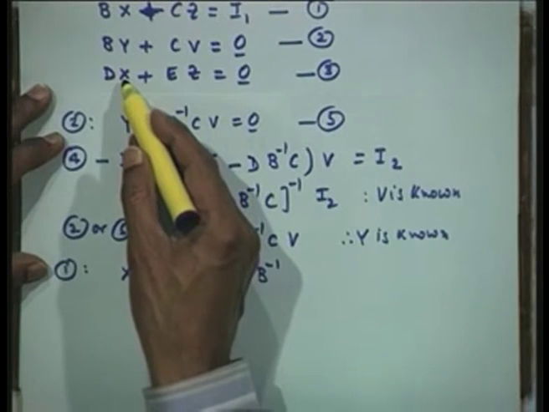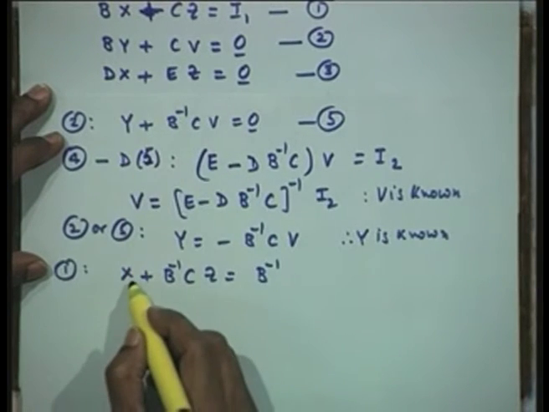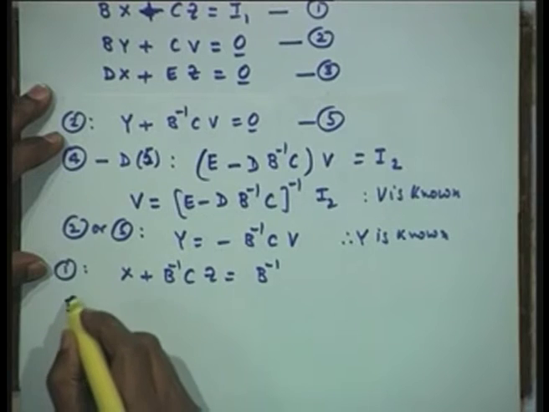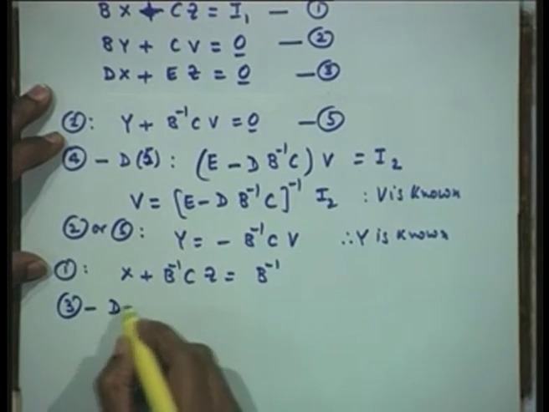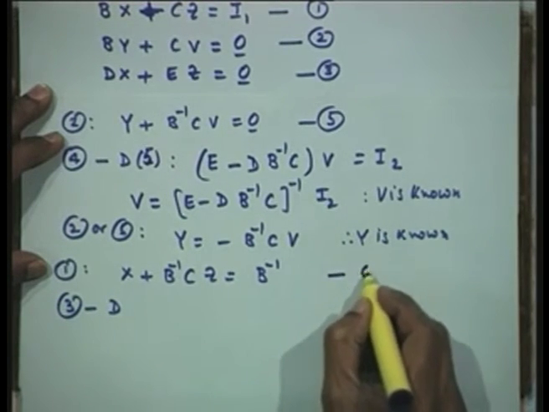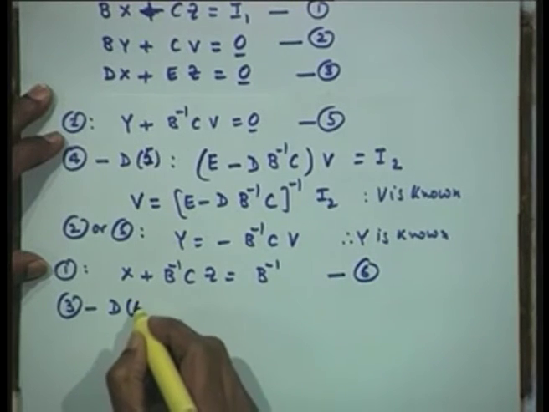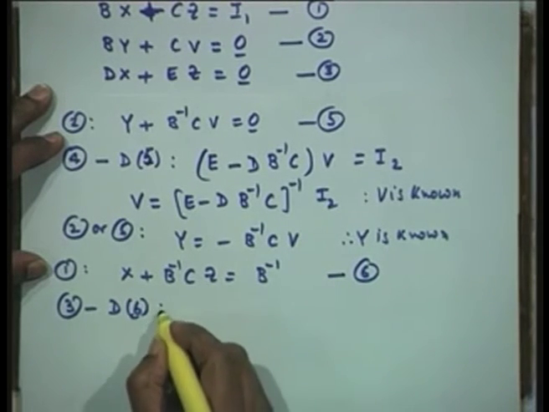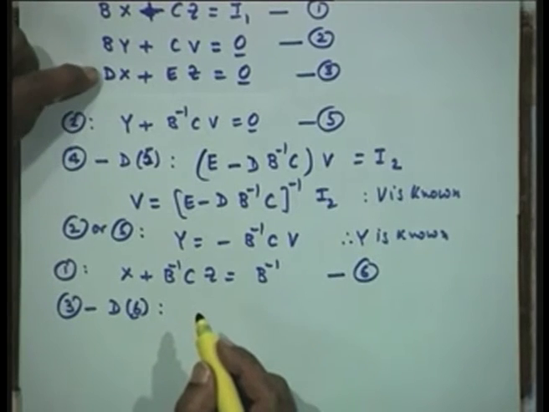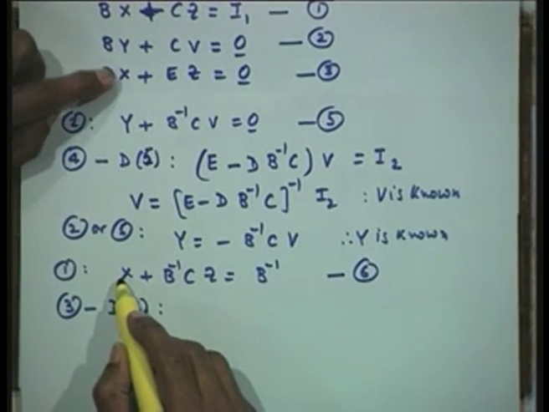Now I want to throw away x from here, so I multiply this by d and subtract from there, therefore 3 minus d into, let us number it as 6. From equation 3 I multiplied by d and subtracted from here.